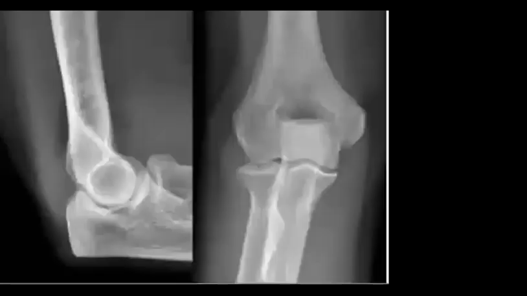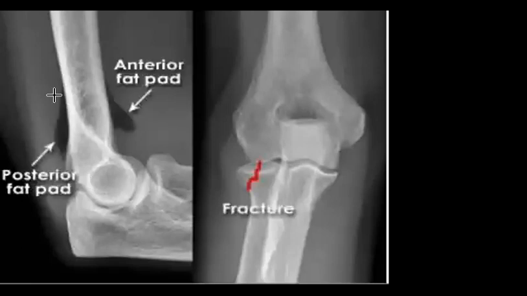Now, for you, it's easy to recognize what is called the posterior fat pad sign. So you can see here the posterior fat pad sign. Perfect.